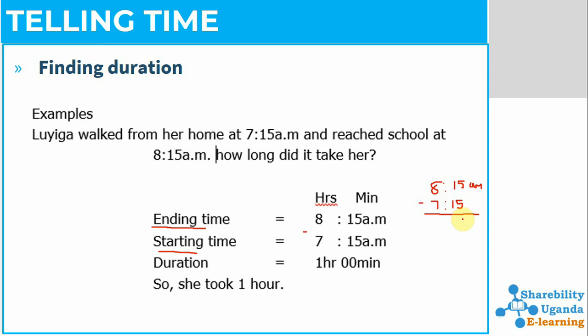Of course here we shall get our 0 for the minutes, then here we shall get the difference of 1. So this means the girl was able to take 1 hour and 0 minutes.